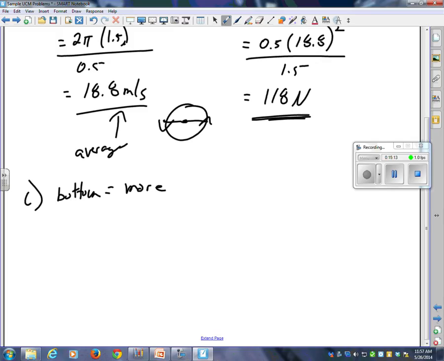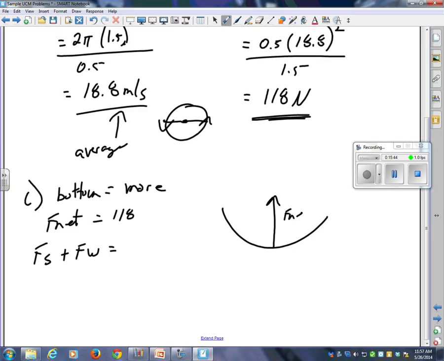Okay, so the net force is equal to 118. The net force is the centripetal force, and that 118 is made up of string force plus weight force. At the bottom, what direction is the net force?